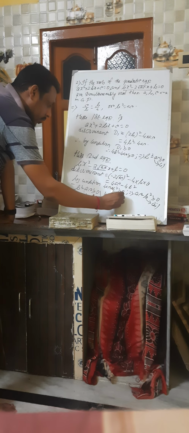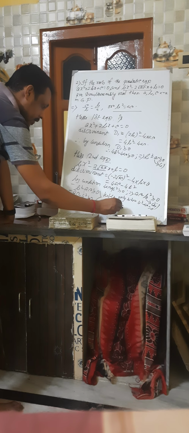These two conditions simultaneously hold only when b square minus ac equals to 0. That means b square equals to ac, and b square equals to ac means a, b, c are in GP.